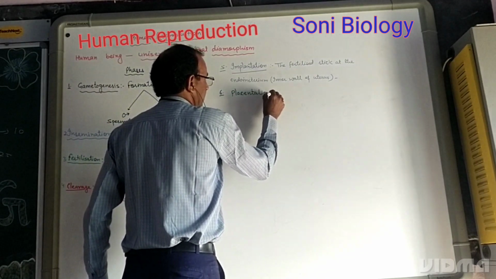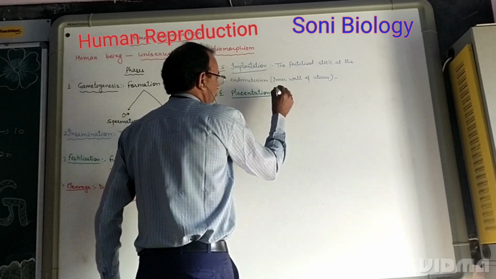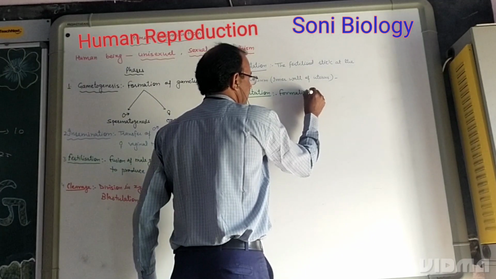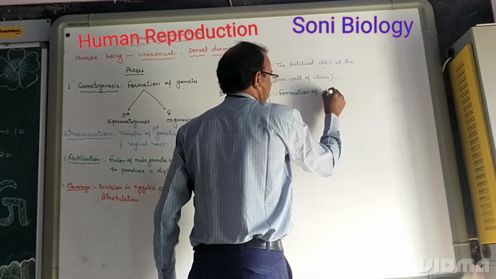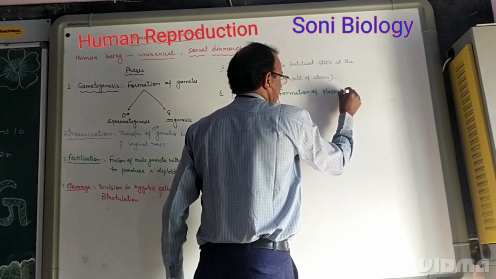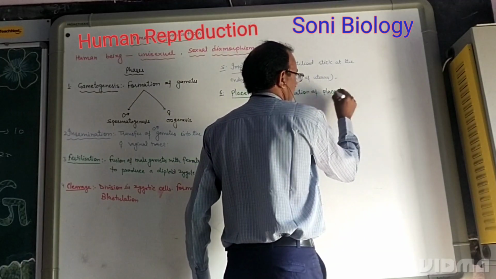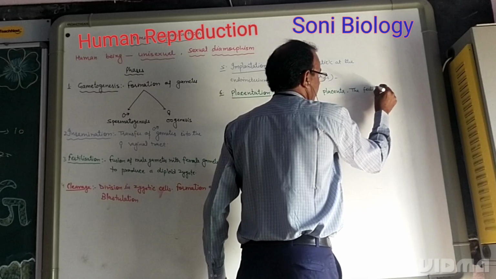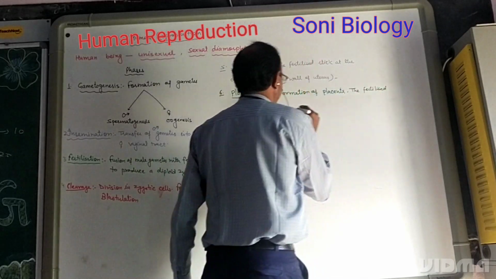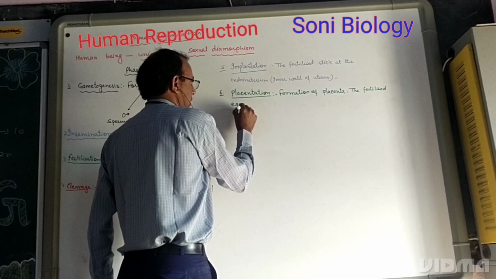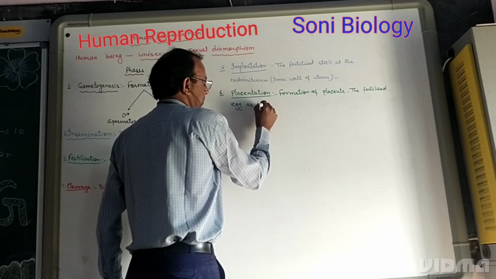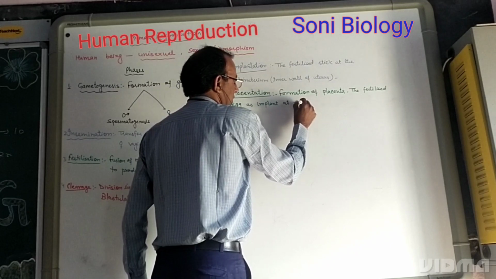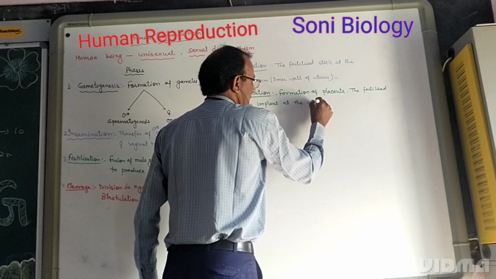Next phase is placentation. Formation of placenta. The fertilized egg implants at the uterus wall.